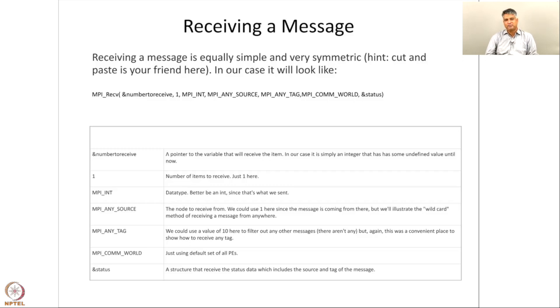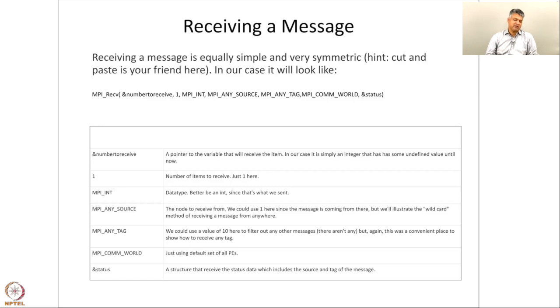Very similarly, I can say that I don't care what the tag of the message is. If I had said no, I want to take data of a specific tag only to place it at that specific memory location, then I would have a specific integer. So I would know how to sort my data that is coming in from any source.